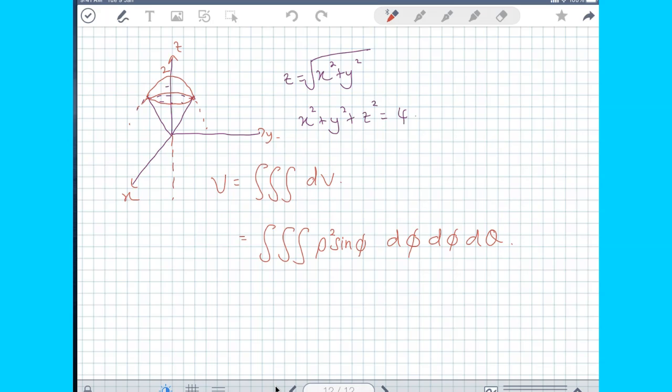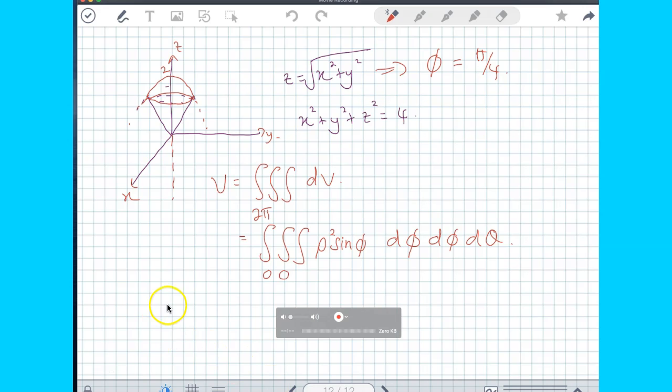So the limit of theta is 0 to 2 pi, and then the phi. I already showed you the phi of this particular cone is pi over 4, isn't it?